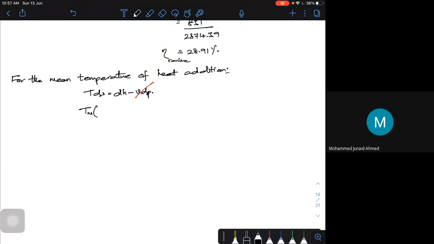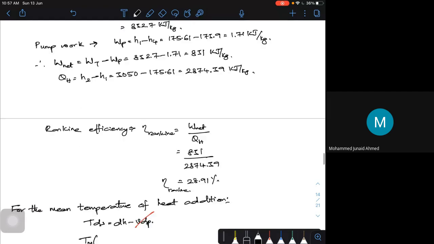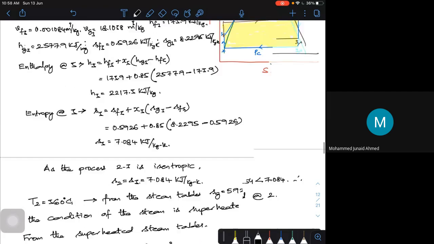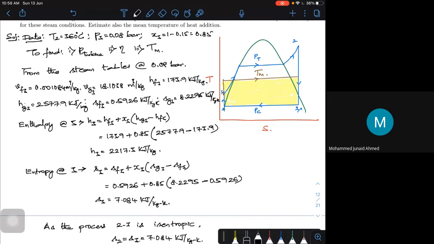So what is that particular thing? Look at this, this is the entropy, S3 and S4. Between S3 and S4, whatever entropy change I get should be equal to the heat addition, that is H2 minus H1. If I am able to do that, I will get the mean temperature of heat addition.